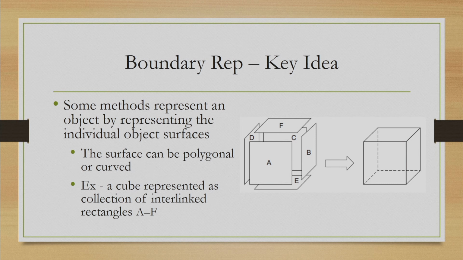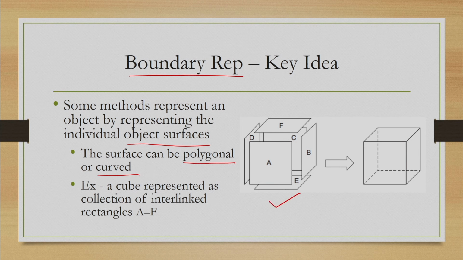The next one is boundary representation. There are also a set of techniques that represent an object by representing the individual object surfaces. Now, these surfaces can be polygonal or curved. For example, see the figure here.